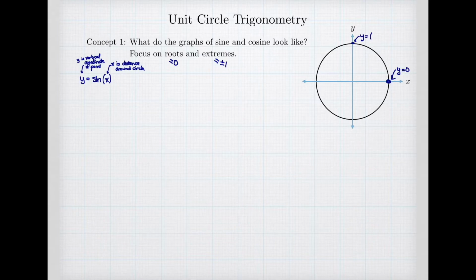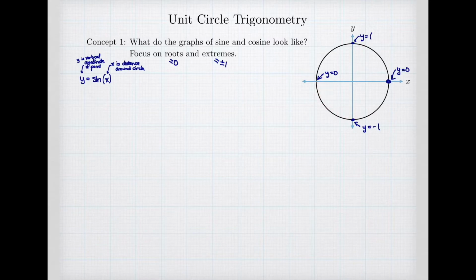As I continue to go around the circle, I come back to a y coordinate of 0, and I end up again at y equals minus 1 at the bottom of the circle. And as I continue to go around the circle, I start repeating. So I go 0, plus 1, 0, minus 1, 0, plus 1, 0, minus 1.